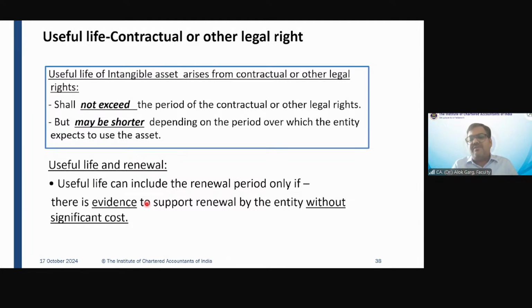Please write down a question. The company has purchased an intangible asset, and the company has purchased a license for rupees 1 crore. The life of the license, I mean to say the validity of the license, is 10 years.